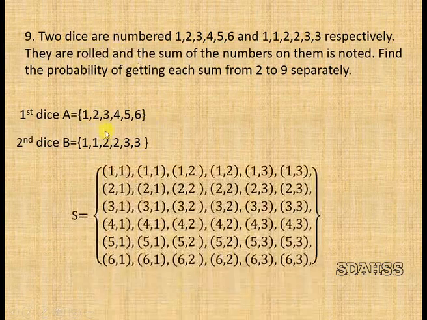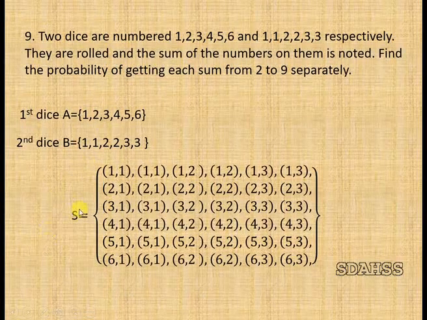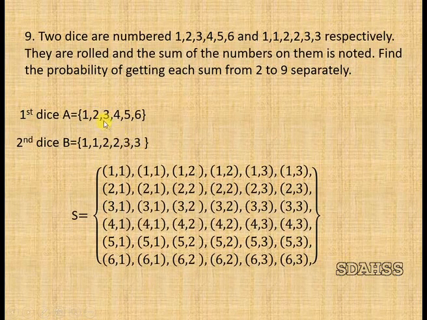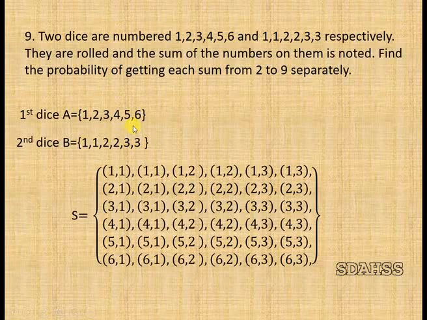So if these 2 dice are rolled together, then the outcomes are (1,1), (1,1), (1,2), (1,2), (1,3), (1,3). Then (2,1), (2,1), (2,2), (2,2), (2,3), (2,3). Then (3,1), (3,1), (3,2), (3,2), (3,3), (3,3). Then (4,1), (4,1), (4,2), (4,2), (4,3), (4,3). Then (5,1), (5,1), (5,2), (5,2), (5,3), (5,3). Then (6,1), (6,1), (6,2), (6,2), (6,3), (6,3).